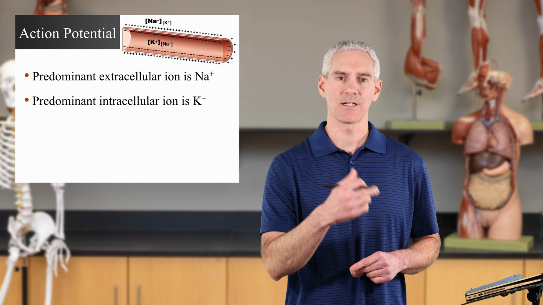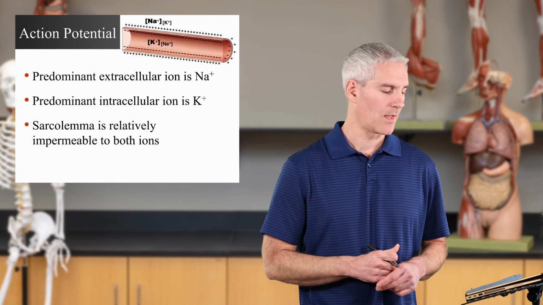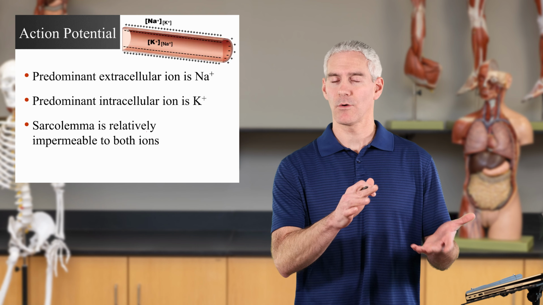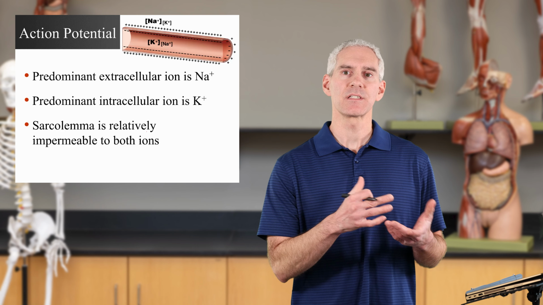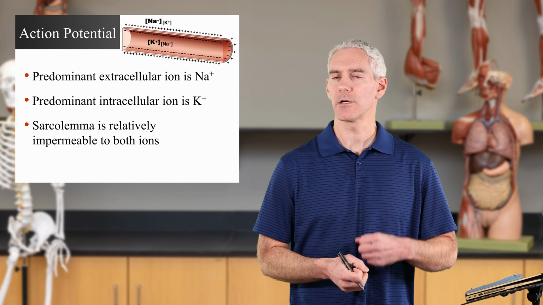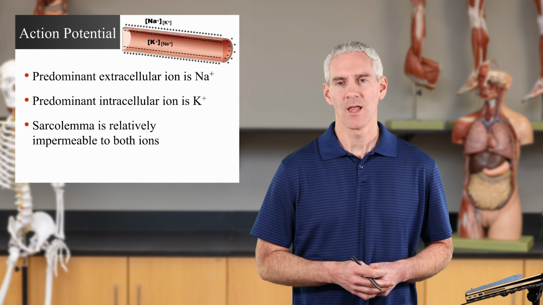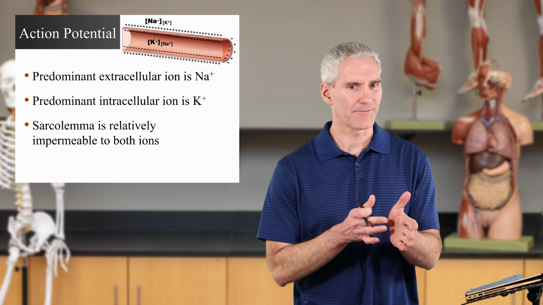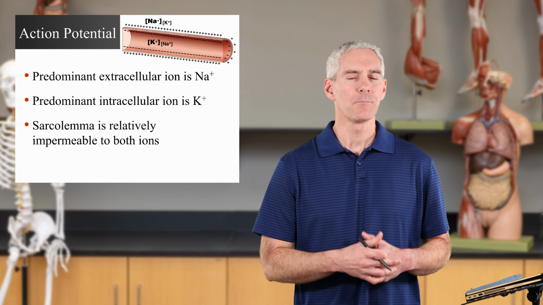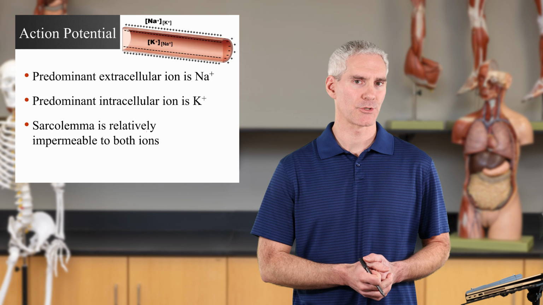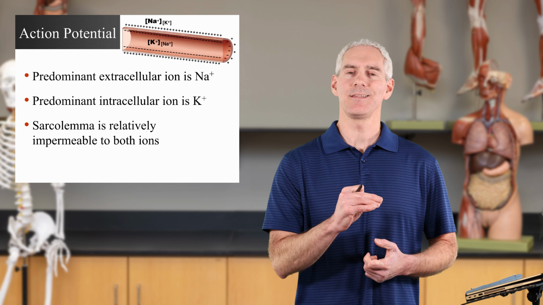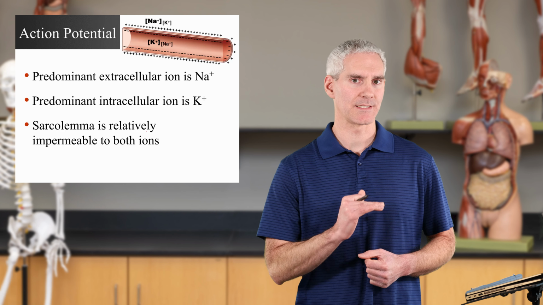So we're going from high to low concentration. Now, normally though, without a channel being opened, the sarcolemma is pretty much impermeable to these two ions. Now, there are some leak channels and you get a few ions going back and forth, but for the most part, you're really not getting very much movement. You're maintaining these gradients at a resting state.